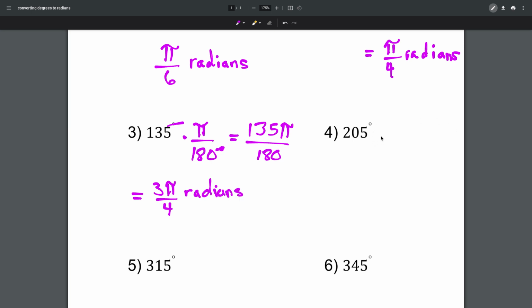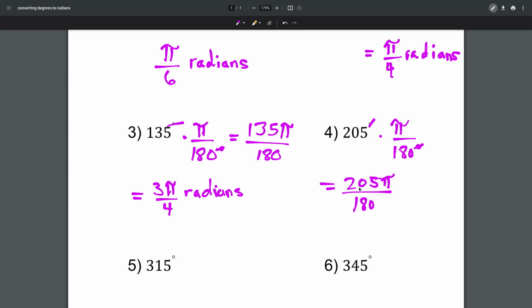Okay, this next one we'll do 205 times pi over 180 degrees. Degrees cancel. We get 205 pi over 180. The top number ends in a 5. The bottom number ends in a 0. So they're both divisible by 5. So we can start there.